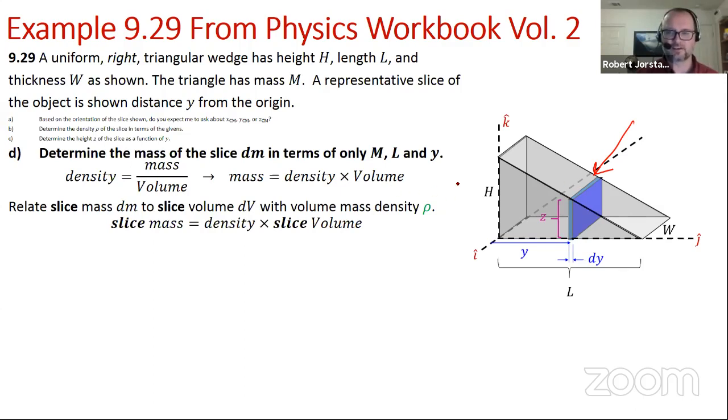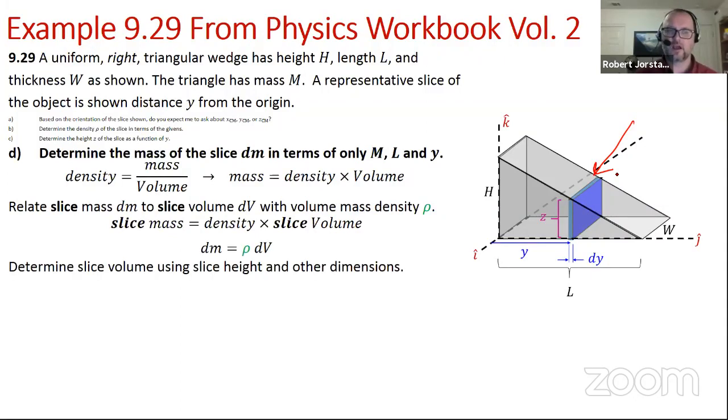Notice the density equation works for the whole triangular solid or just the slice that we're looking at. So if dm equals rho dV, I just need to compute the slice volume using these dimensions over here. One common mistake: notice that the slice height is z, not h. So we need the slice area, that dark blue. The area is going to be z times w, and then the thickness is dy.